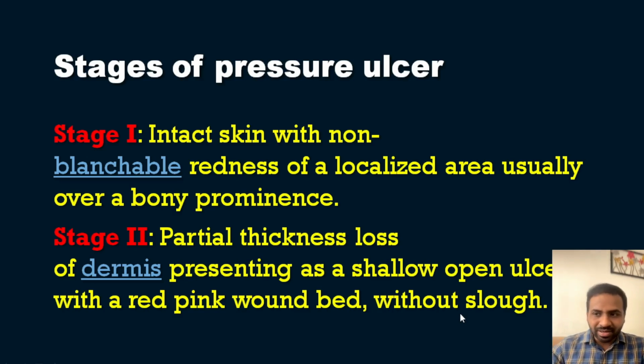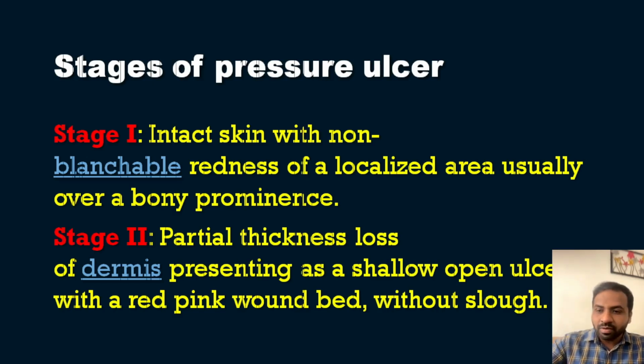So in this there won't be any slough, and there will be a red pink wound bed, and the borders will be red. So these are the characteristics of stage 2. In stage 1 only redness will be there, and in stage 2 there will be a shallow open ulcer and partial thickness loss of the dermis. So that is the peculiarity of stage 2 pressure ulcers.